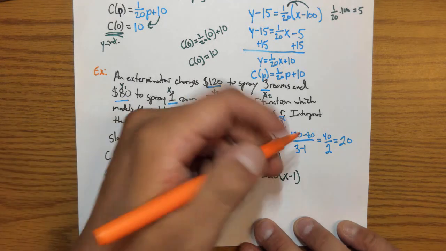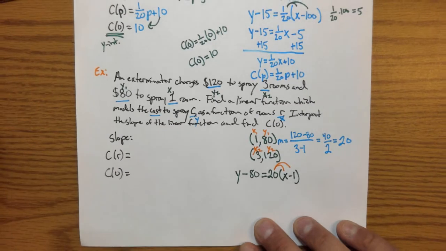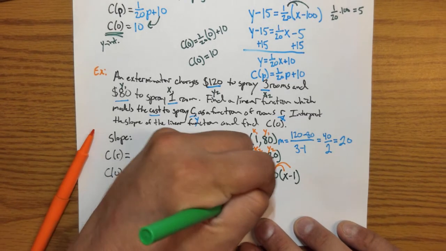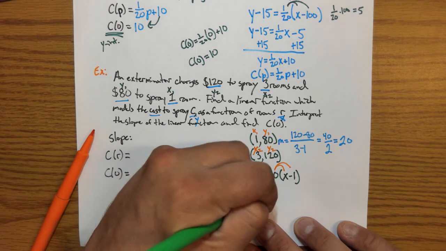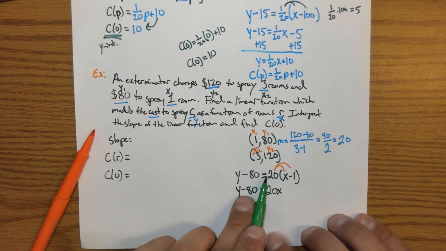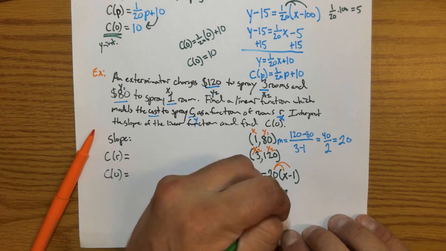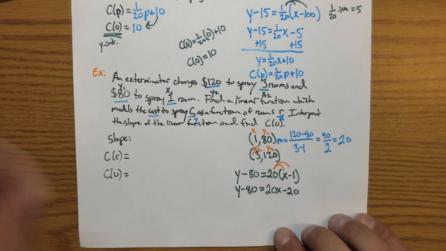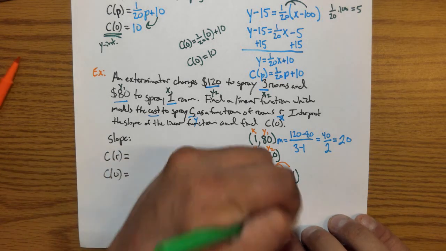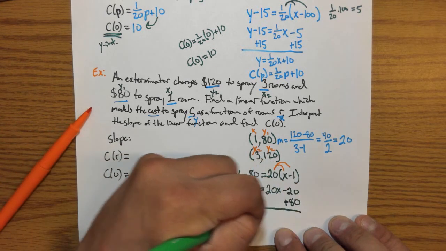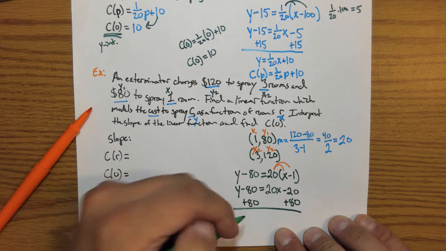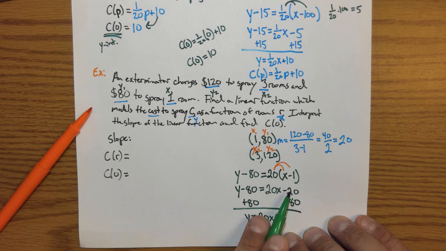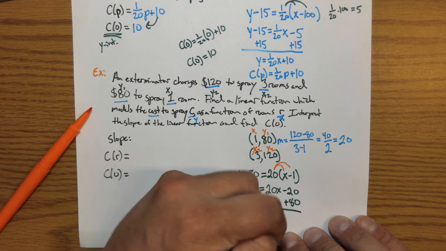Remember, we're going to have to distribute that 20. We need to distribute our slope. So y minus 80 equals 20 times x, which is 20x. And 20 times negative 1 is just minus 20. And then we can add 80 to both sides to get y by itself. Which will give us, let's see, y equals 20x. Negative 20 plus 80 is 60, plus 60.